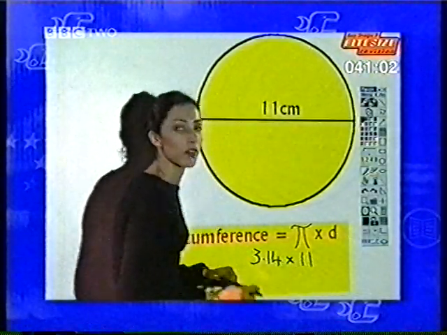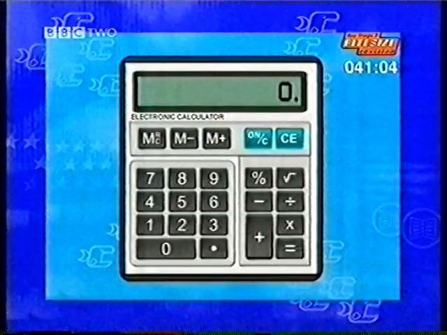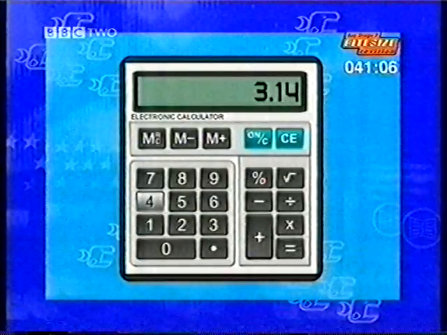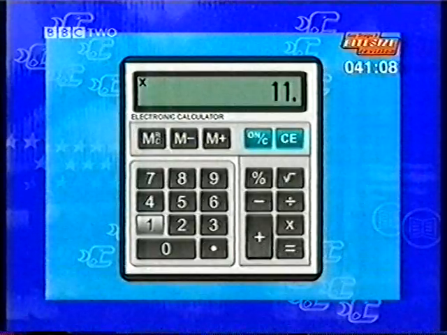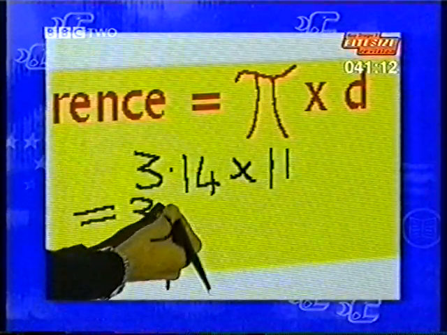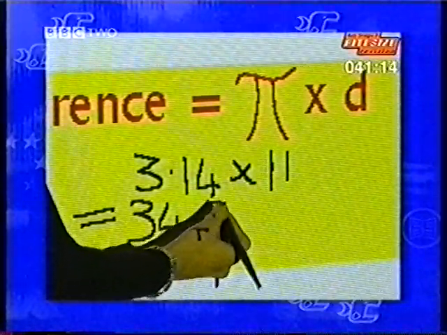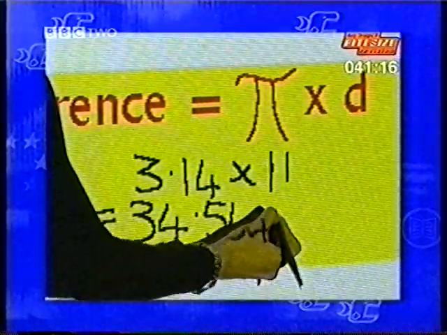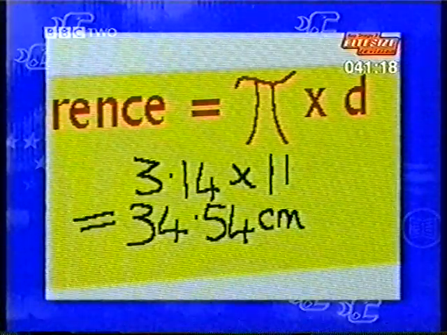I'm just going to work that out on my calculator now. That gives us 34.54 centimetres.